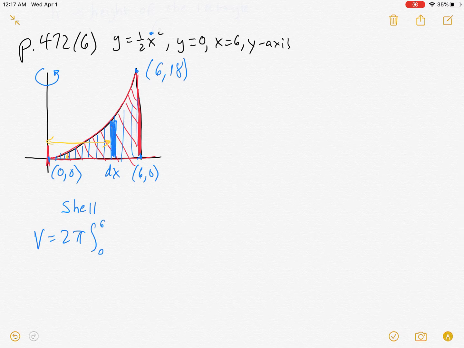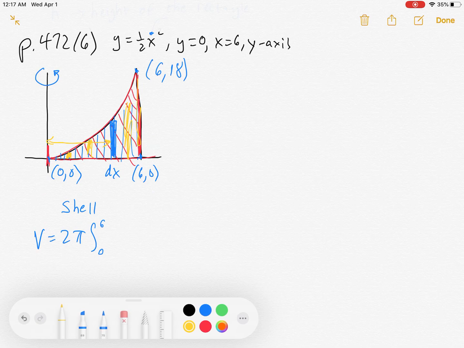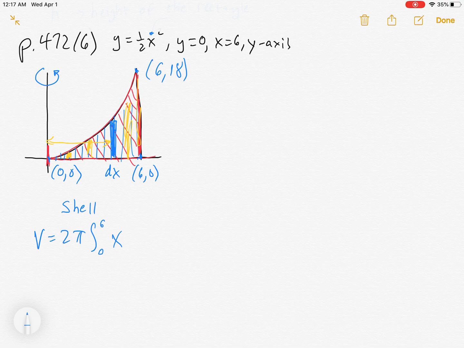Right around here, if you do a rectangle, it would be about 1. Here would be about 3. Here would be about 5. Here would be 6. It looks like it's just the x-coordinate. It is the x-coordinate. In fact, it's pretty much always going to be x or y. If you're revolving around the x or y axis, your p is going to just be x or y.